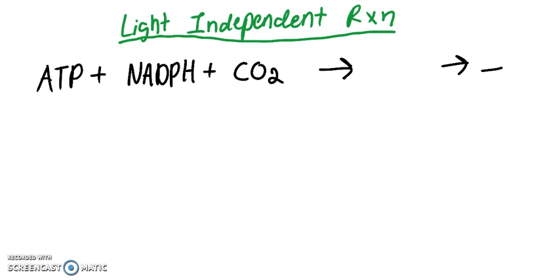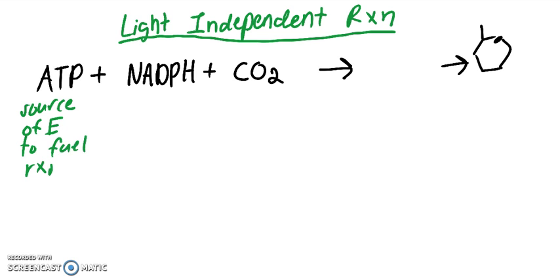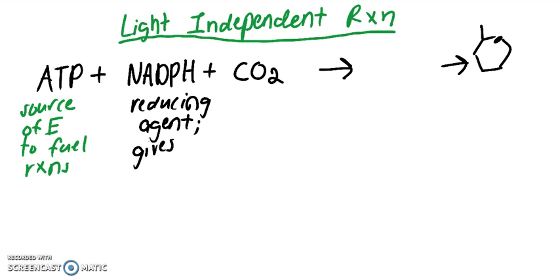So how do we go from there to there? So let's see what we have. This ATP is going to be the source of energy to fuel these reactions. Now this NADPH, this is known as a reducing agent, which means it's going to give electrons to this carbon, to the CO2 molecule right here.